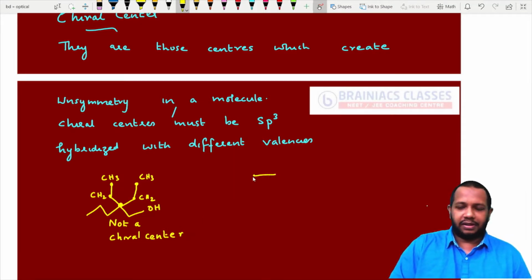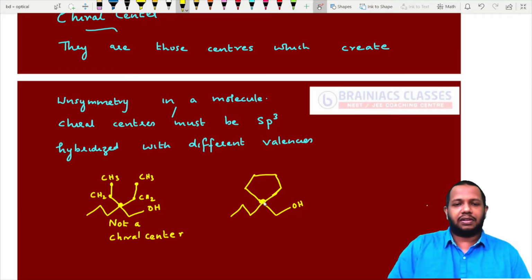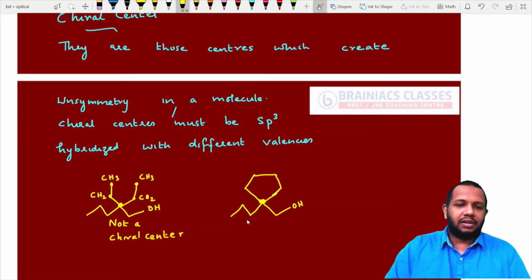Now let's take another one. Suppose if it is like this, I hope you could see it. So you have something like this. Can you tell me if this carbon is a chiral center? Now you can see here CH2, CH3 is present.